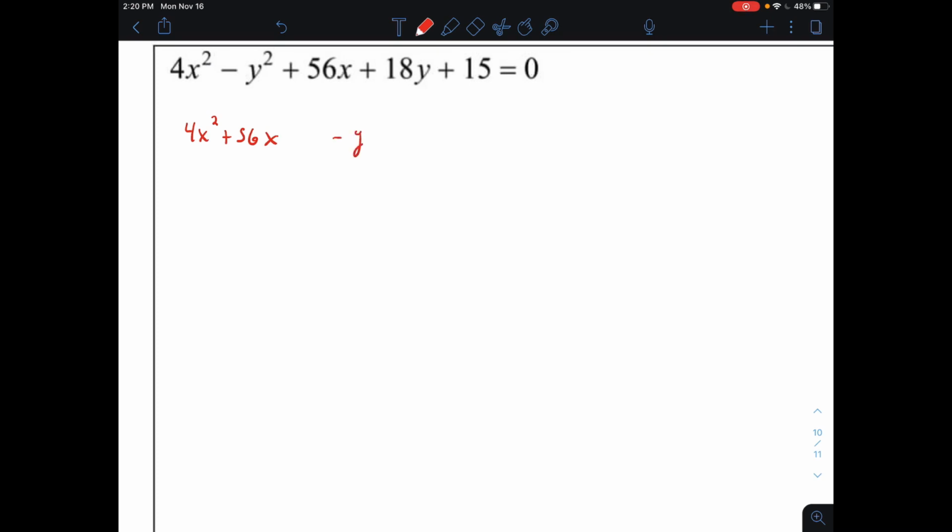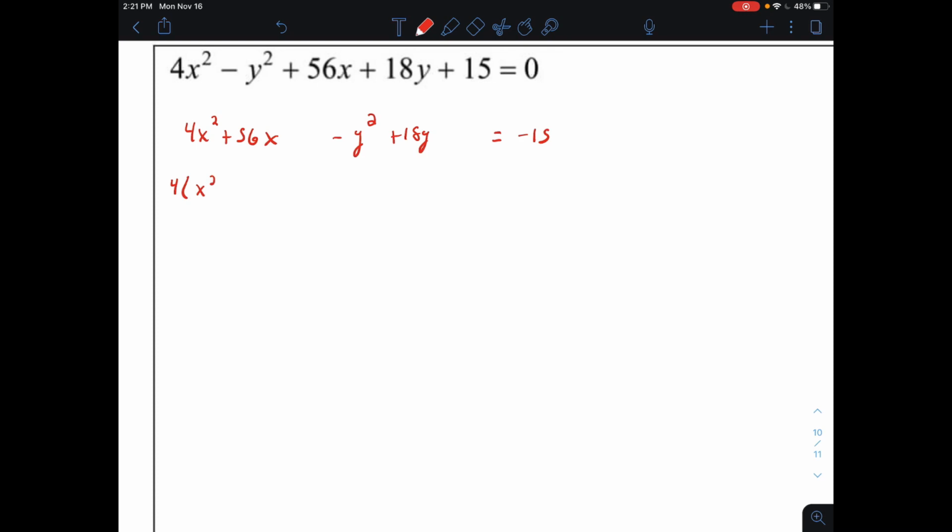So I have 4x squared plus 56x, leave myself a little gap there, and then minus y squared plus 18y. We're going to wind up moving that 15 to the other side, so it's equal to negative 15. Now, going through the process of completing the square, I want the coefficient of the squared terms to be 1. So I'm going to factor 4 off of the x terms.